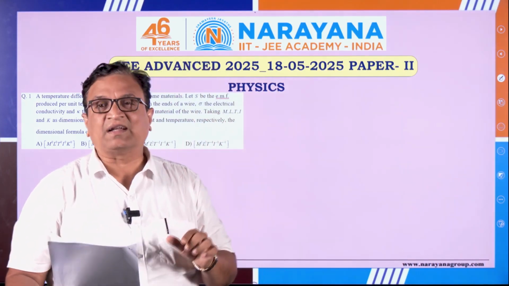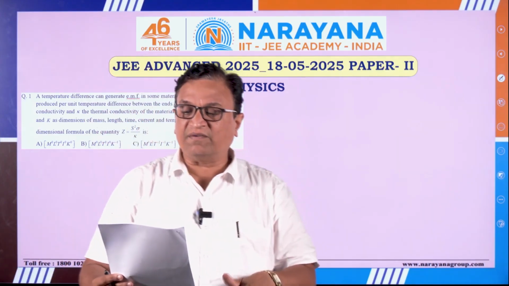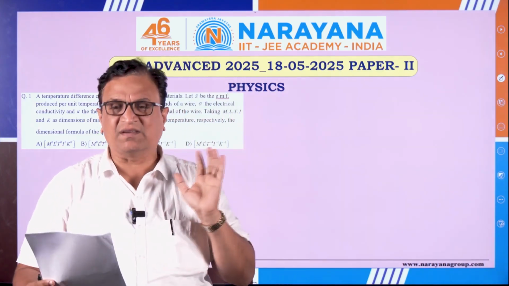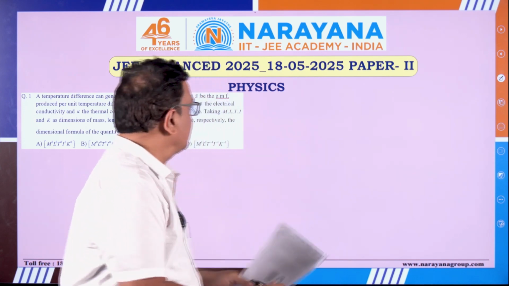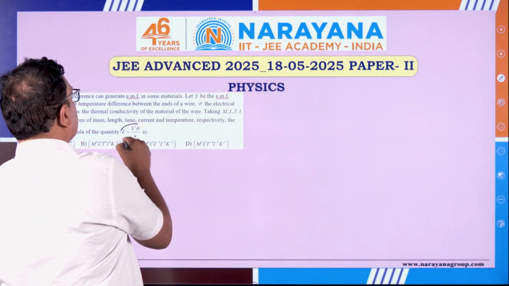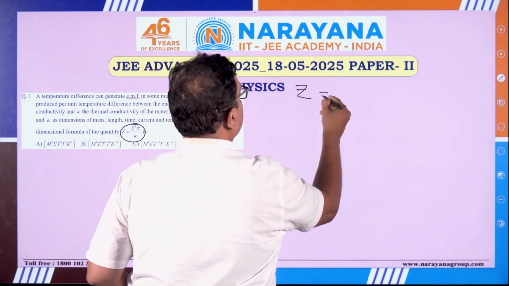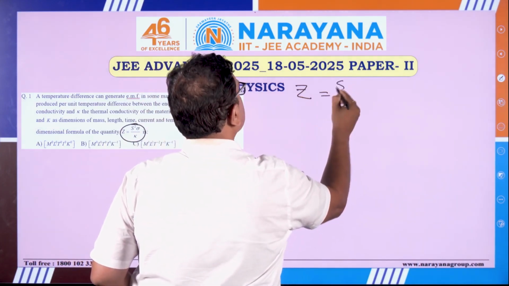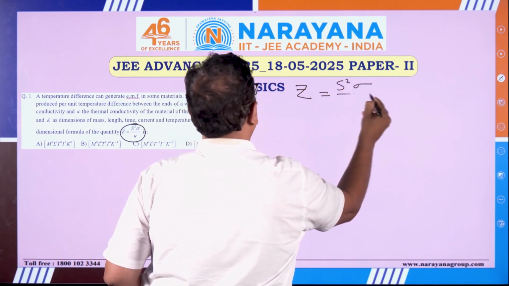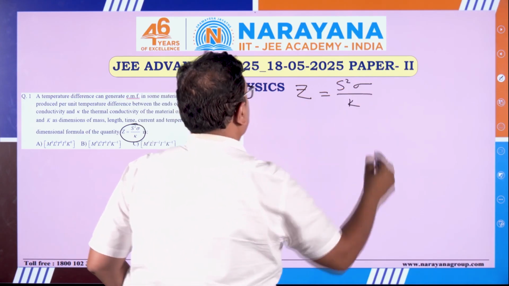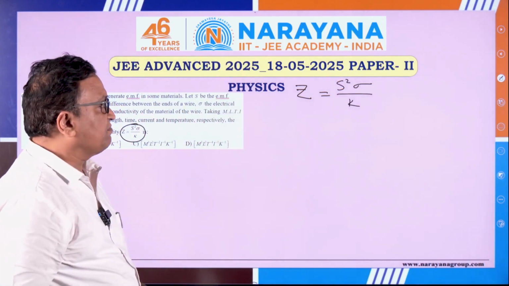Sigma the electrical conductivity. K the thermal conductivity of the material of the wire. What they want is a quantity Z, which is S square sigma by K. They want the dimensions of this quantity.